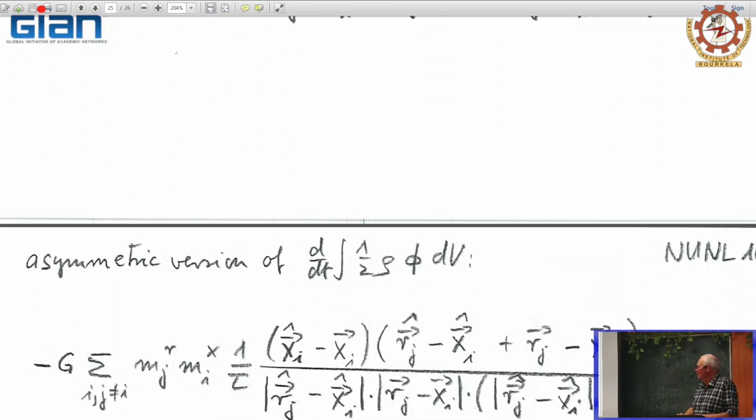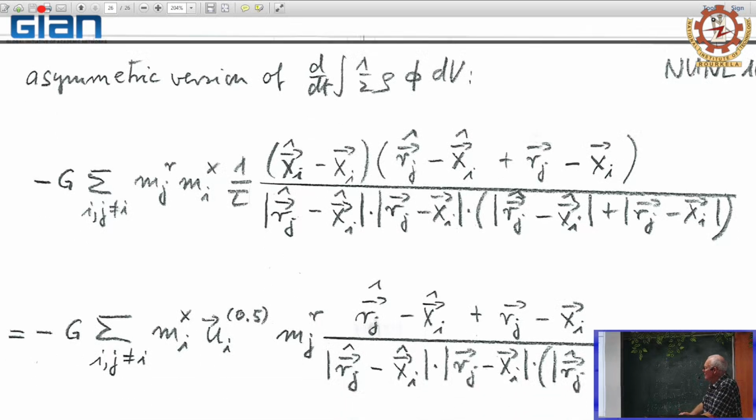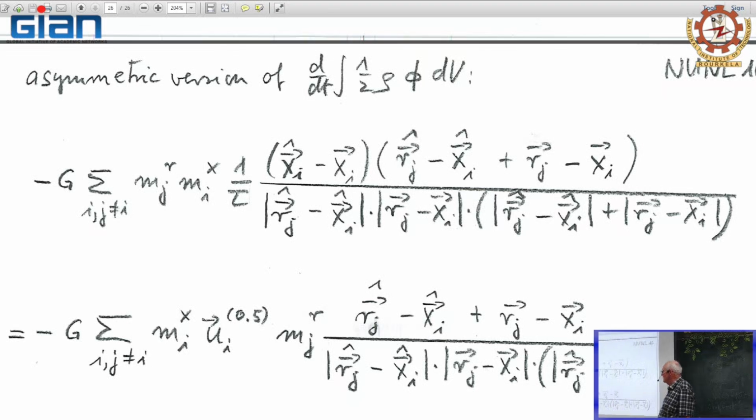Then we do the opposite of what we did before for the gravitational potential. Once we derive this factor 1/2, we obtain an asymmetric version. We do not have the factor 1/2, but we express it in terms of an asymmetric quantity.